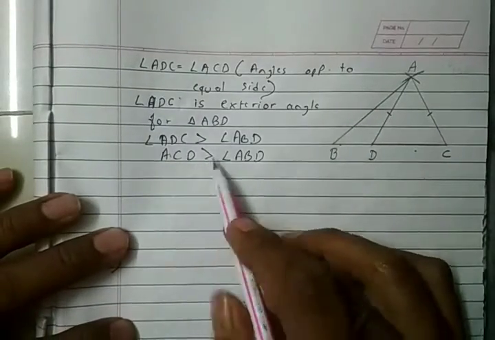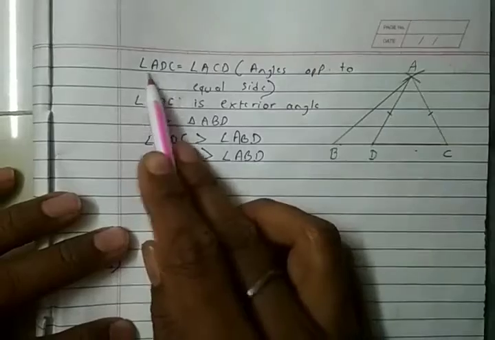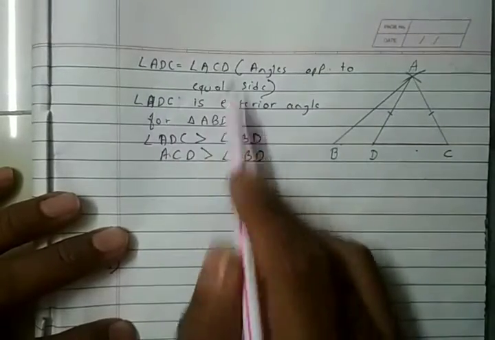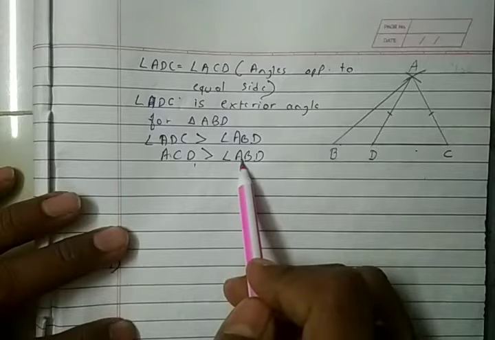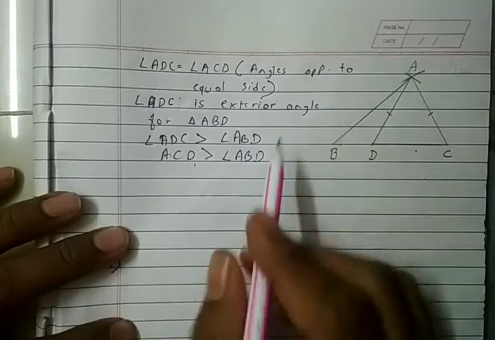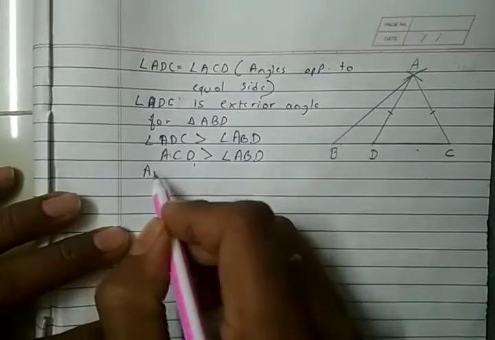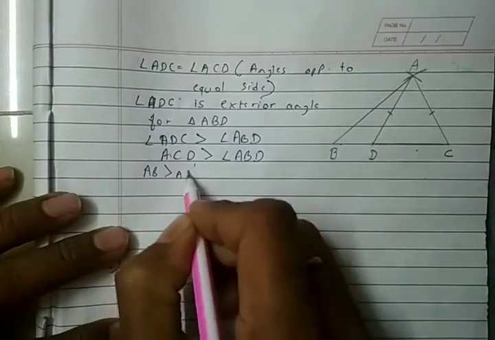Now instead of ADC, we are writing ACD, and this remains the same. So you can say that AB is greater than AC.